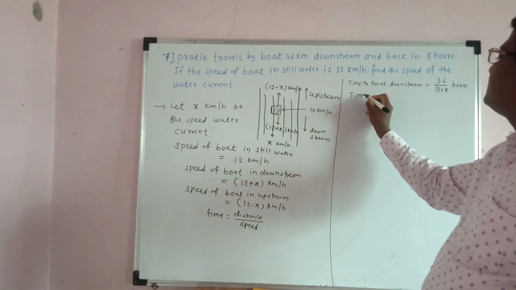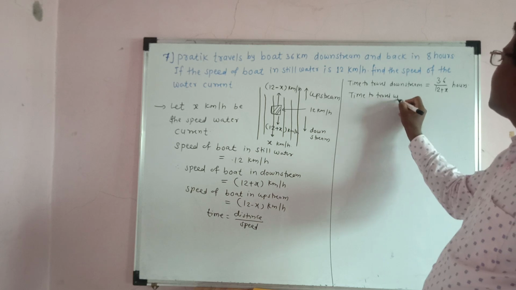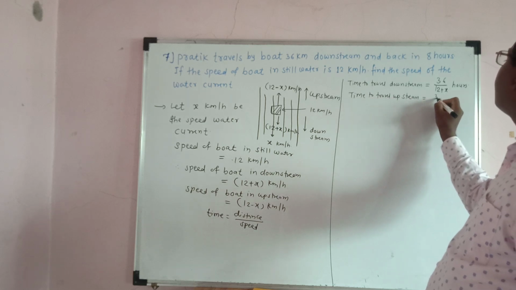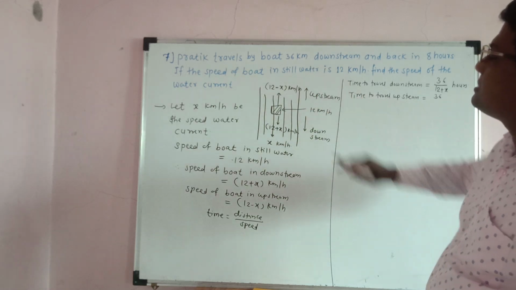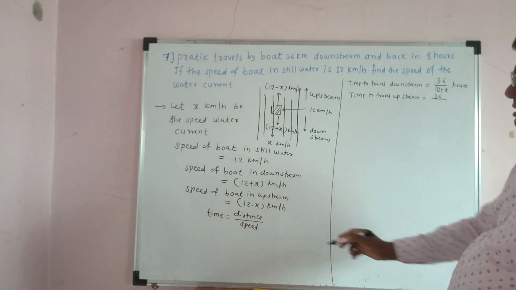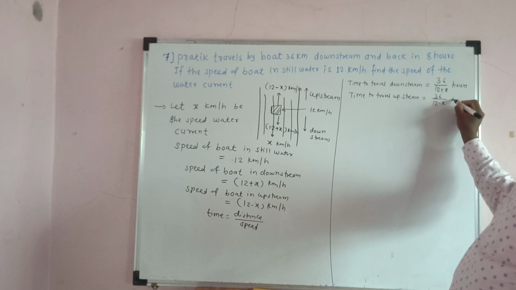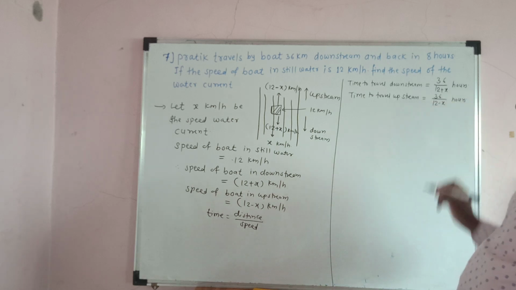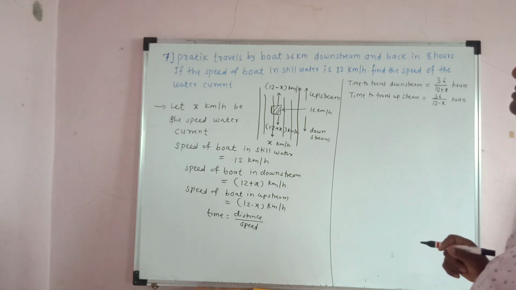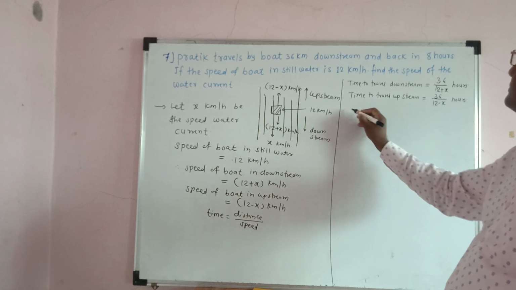Time to travel upstream is equal to upstream distance is also 36 km and the speed is 12 minus x hours. And now total time to travel downstream and upstream is given 8 hours.